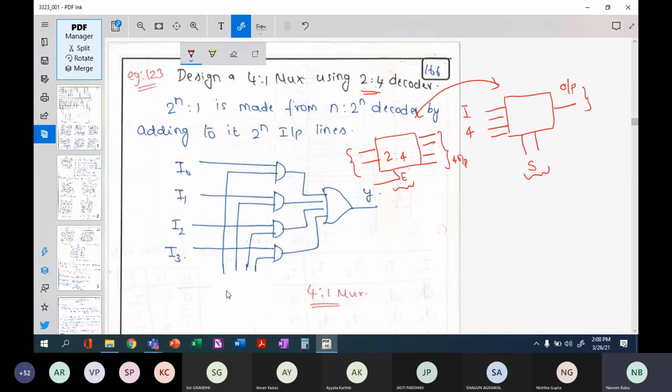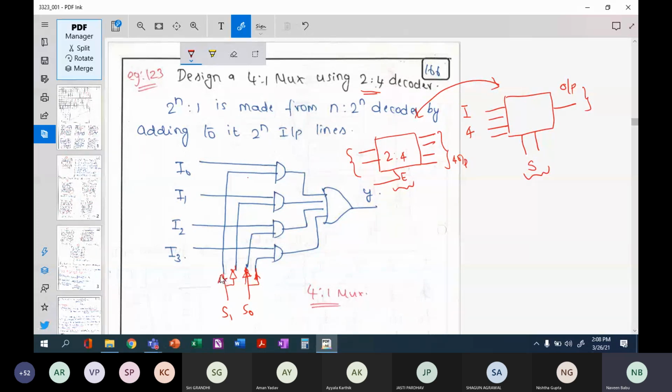So this will have a NOT gate, and then this again will have a NOT here, and then these select lines, say S1 and S0. You can see that this particular line will be slightly different.